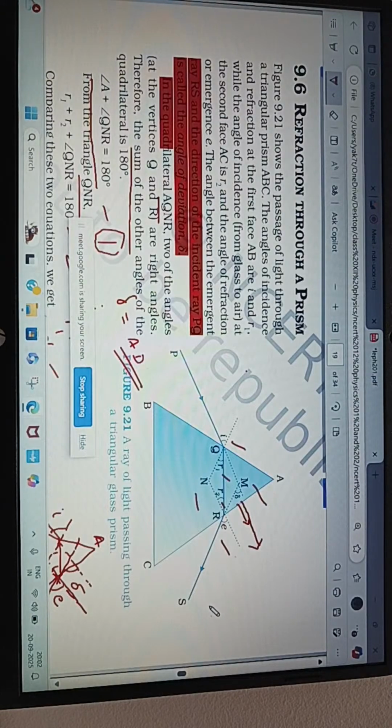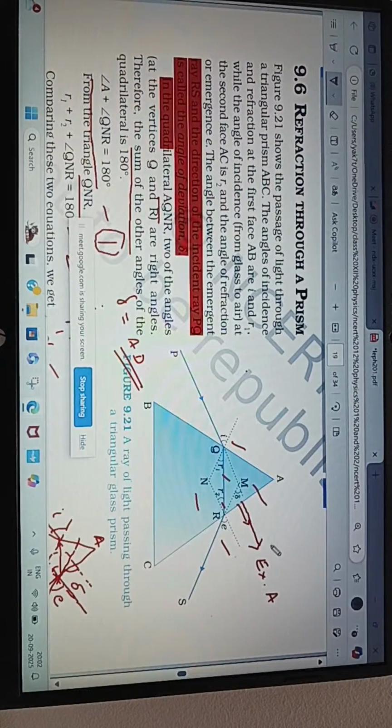The exterior angle is equal to the sum of the interior angles of the triangle. Name it quickly. Delta is equal to QMR.